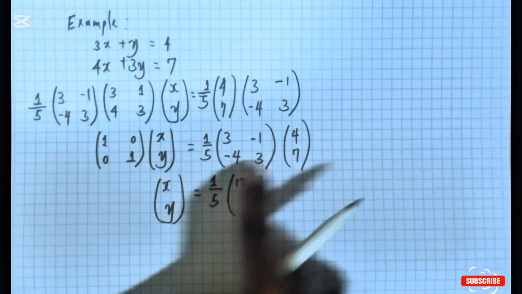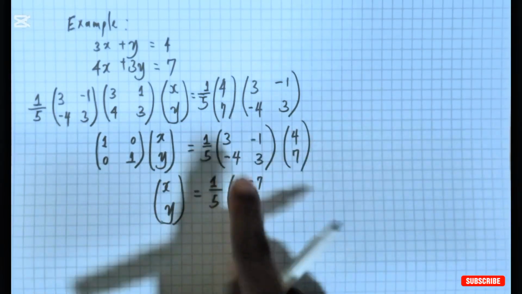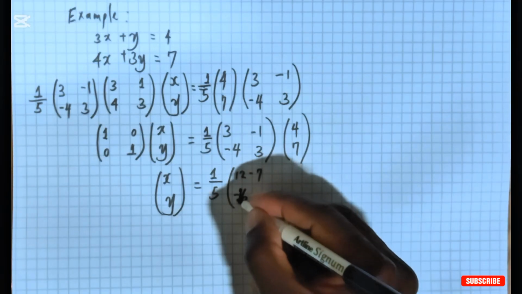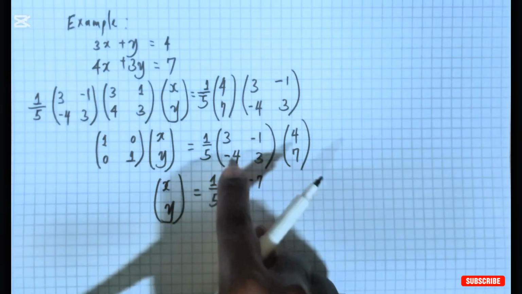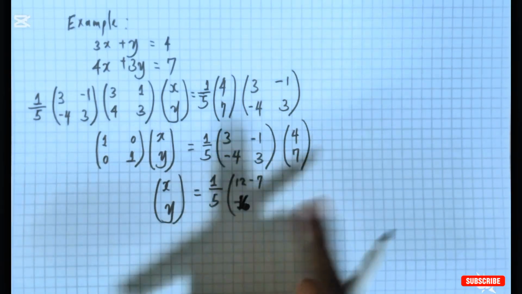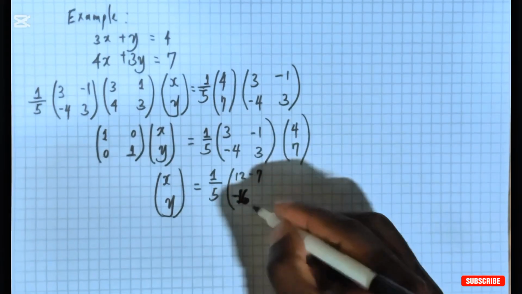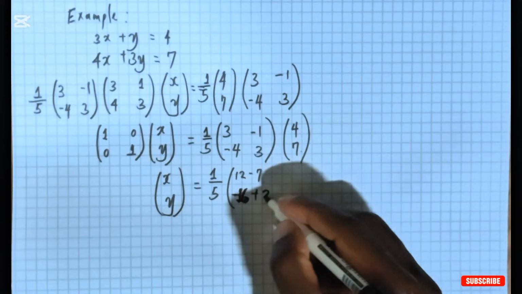And then for our second row, we're going to take -4 times 4, and that's going to be -16. Plus 7 times 3, which is going to be 21.